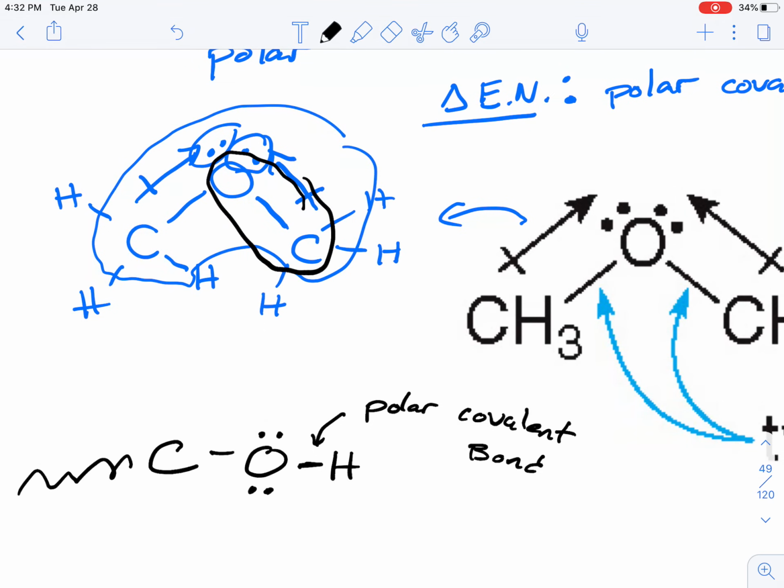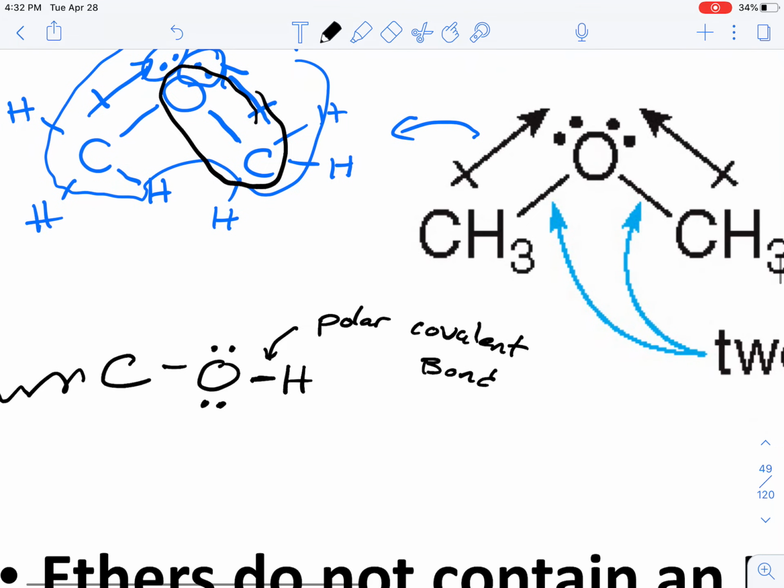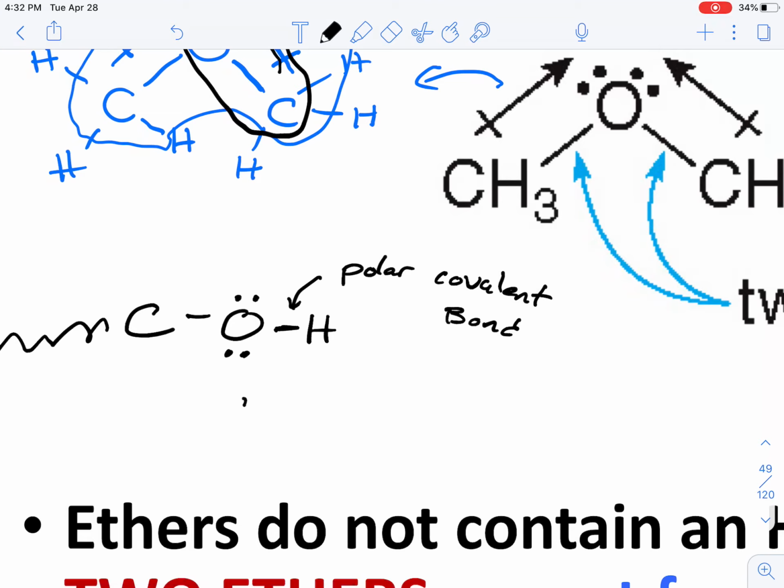Okay. And so this OH bond is more polar than a CO bond. Okay. And so the change in electronegativity is going to be much higher.